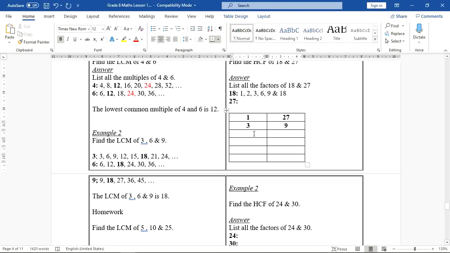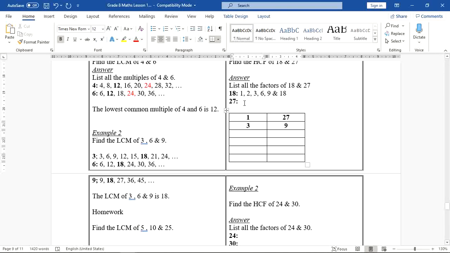What about 4? No, 4 cannot divide, because 27 does not end with an even number. What about 5? 6? 8? Only 9, and 9 goes into 27 3 times.